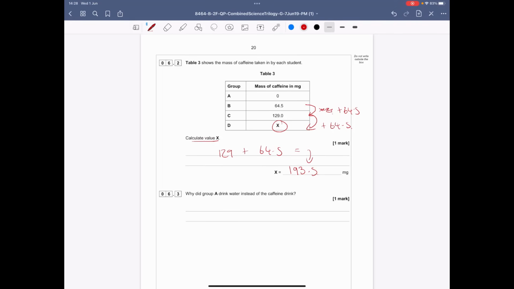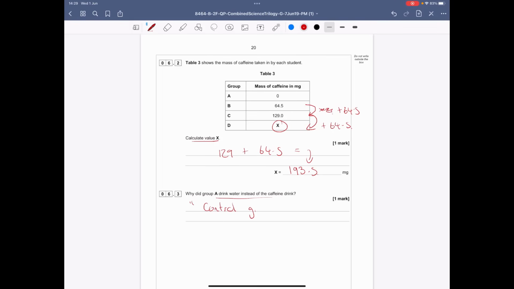Question 6.3. Why did Group A drink water instead of a caffeine drink? Well, we always try to leave in an experiment a group or a person that doesn't have anything of what we are testing. And we call that a control group.